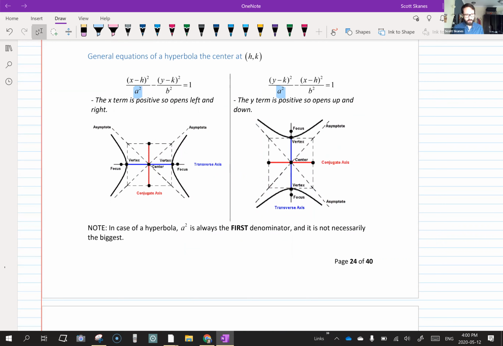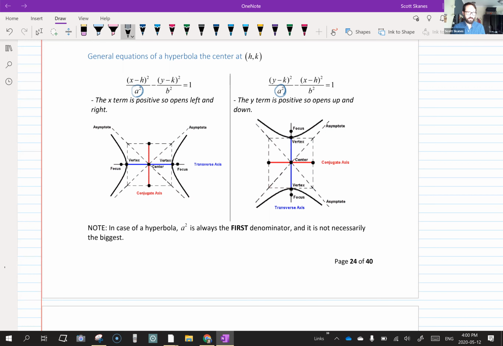So when you have these hyperbolas, notice the formulas here. I'm just going to erase this and put a little circle around here. Notice this, big picture. How to know which form gives you which shape. Listen carefully.